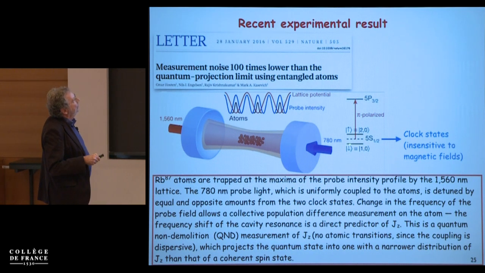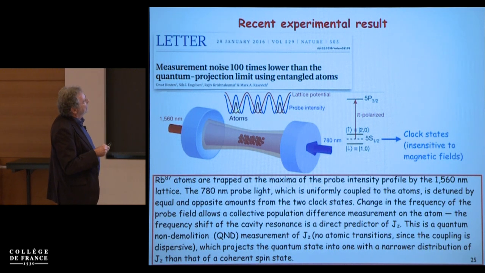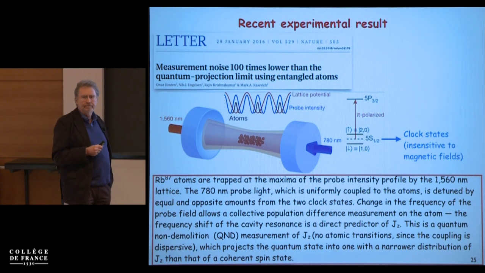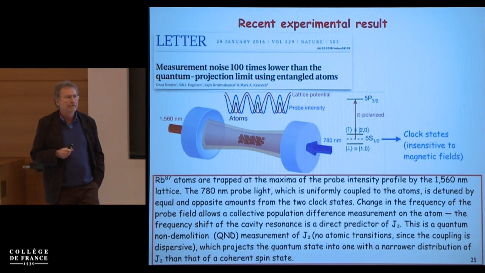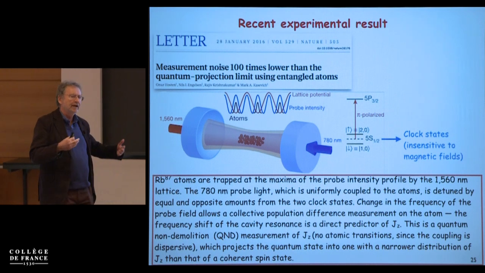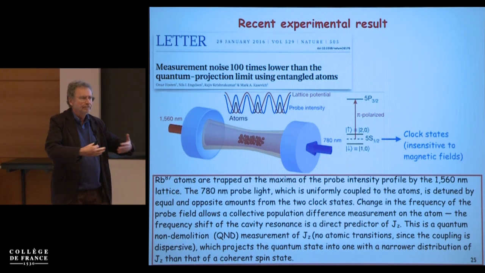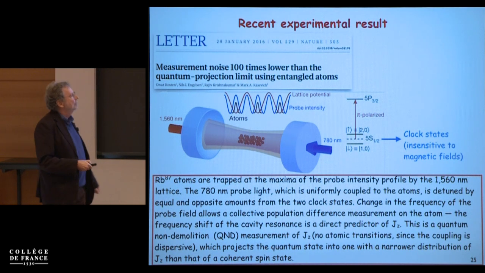And this field is such that the atoms that are trapped by the lattice field see the same field. Okay, so that's an important requirement. So this field interacts in principle homogeneously with all these atoms.